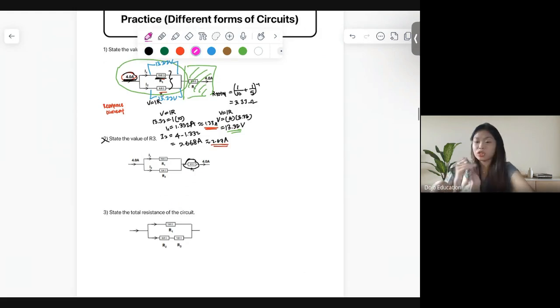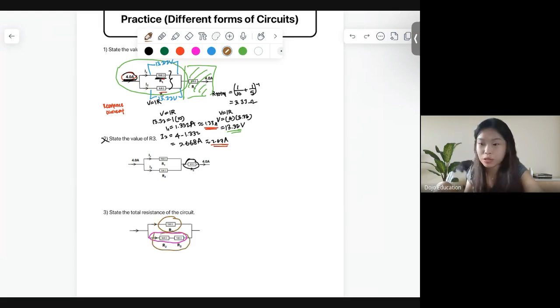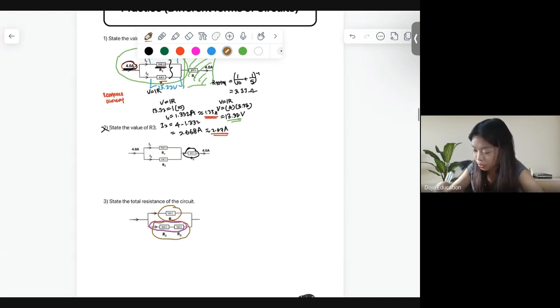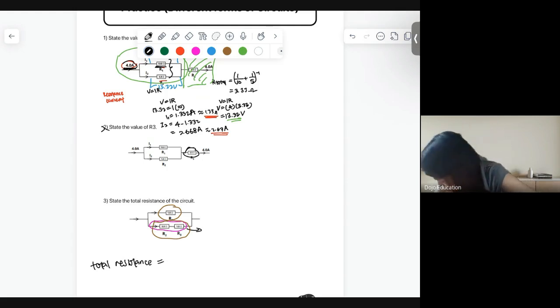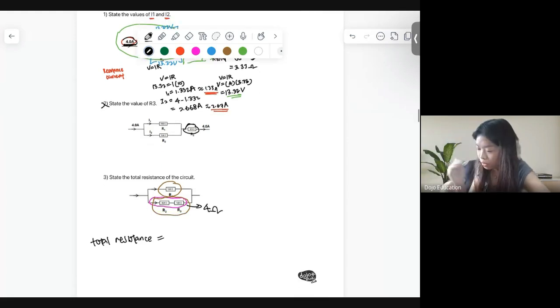Okay, then for question 3, there is parallel and there is series, if you realize. So this part, R2 and R3, they belong in a series, okay? But then R1 and R2 and R3, they are in parallel, right? So how do I find the total resistance? For the series, I find the resistance for the series first. So it's just 3 plus 1, which is 4 ohm. Okay, so now I need to find my parallel.